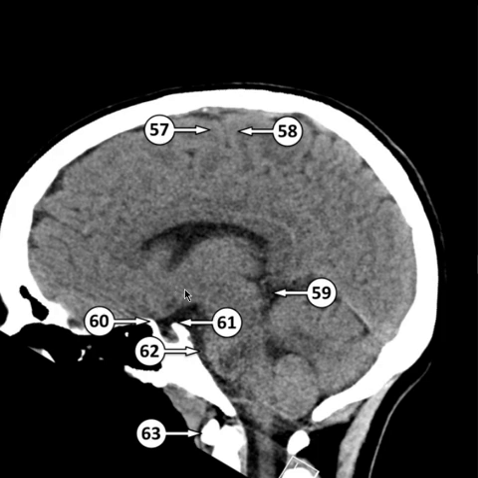We are moving even more medially. 57 is the precentral gyrus. The precentral gyrus corresponds to the primary motor cortex, and immediately posterior to the primary motor cortex, we encounter the postcentral gyrus, corresponding to the primary somatosensory cortex.